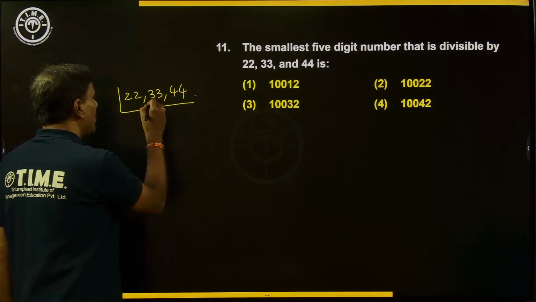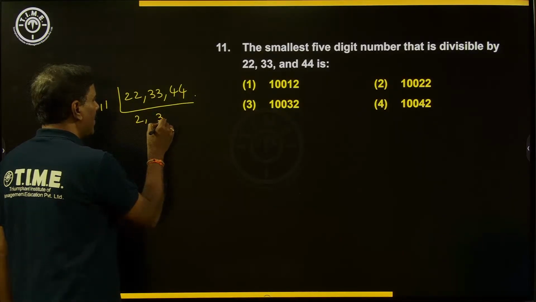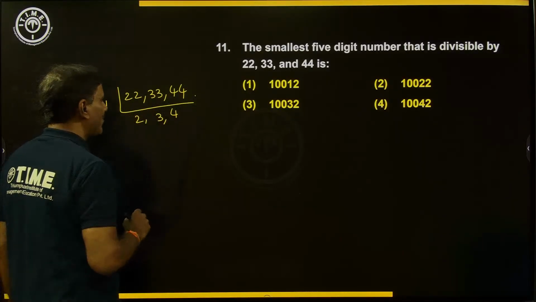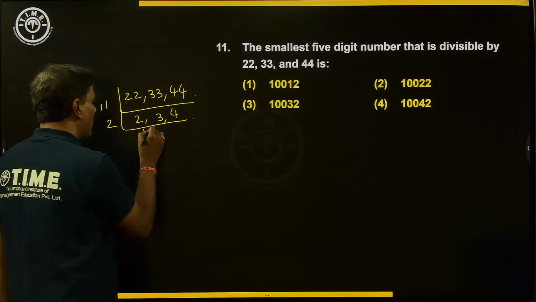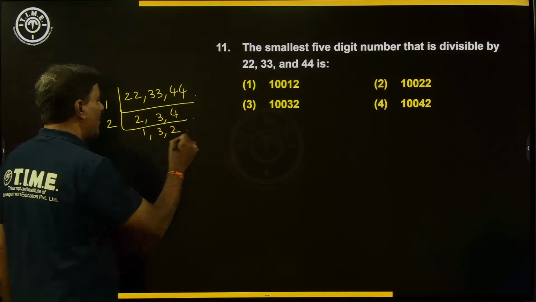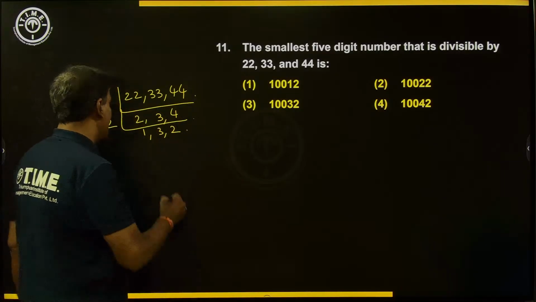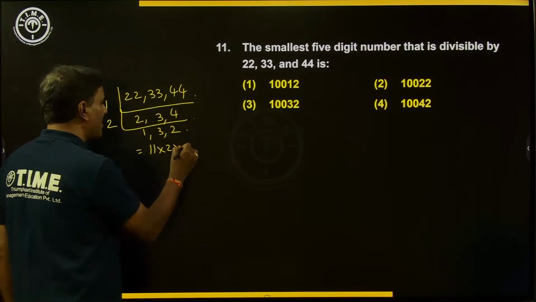Most are divisible by 2 and all of them are divisible by 11. So if you consider 11 first as a divisor, we'll be having 11 2s, 11 3s, 11 4s. So further, if we take 2 common, 1, 3 is not divisible, leave as it is, 2 will be left out. For 1, 3 and 2, there is no common factor. So LCM will become the entire outer portion, 11 into 2 into 6.